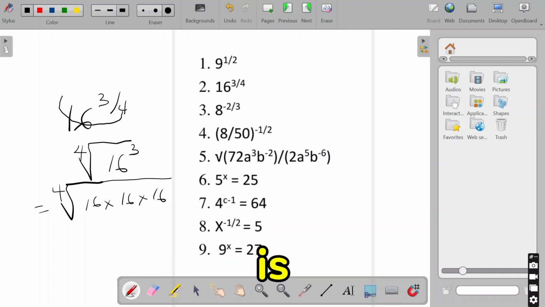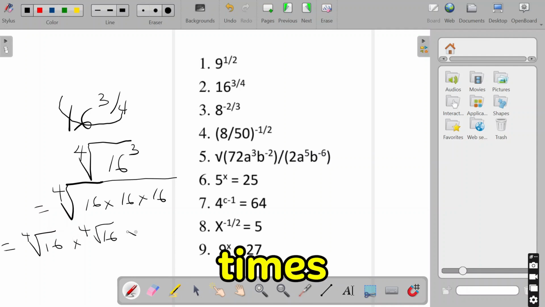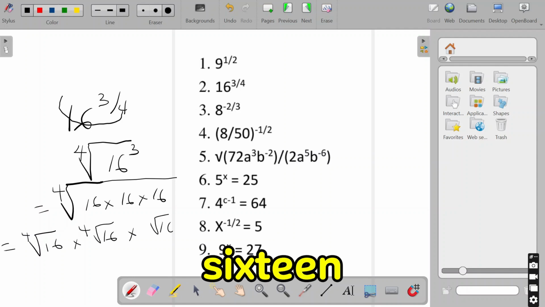This is the same thing as the 4th root of 16 times the 4th root of another 16 times the 4th root of another 16.